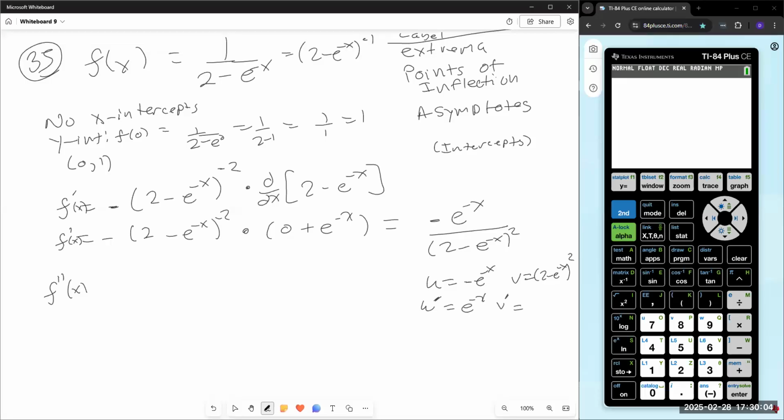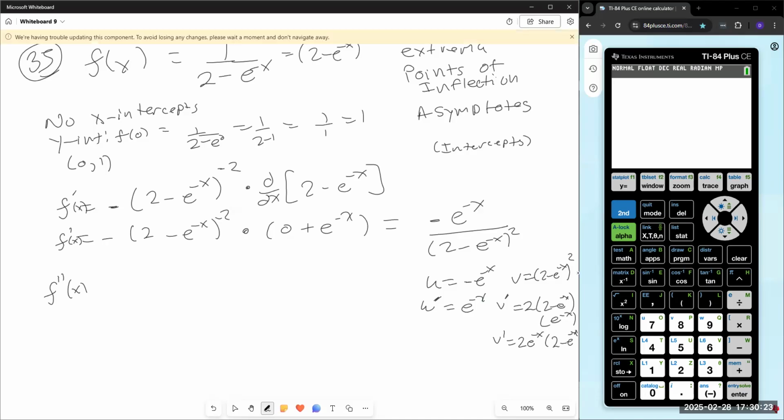My v prime is 2 times (2 minus e to the negative x) to the first, times the derivative of the inside, which is e to the negative x. So v prime is 2e to the negative x times (2 minus e to the negative x). Let's just leave it like that. I'll see if I need to expand it in a little bit.